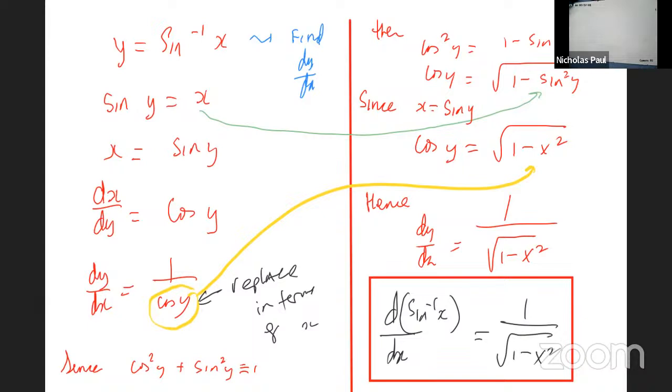Any questions? Any questions online there? Jaden, if you remember your differentiation, are you following a little bit? Yeah, okay.